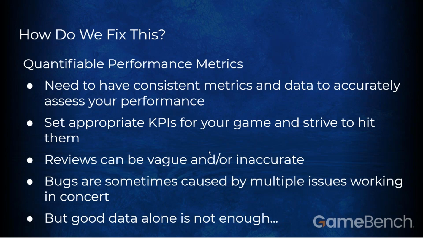And this is game and user base dependent, because if you have a AAA title like Call of Duty or PUBG, you really shouldn't be comparing your load times or your graphical load on the GPU to a simple hyper casual game that is almost instantaneous from launch to gameplay. So you really want to set appropriate KPIs for your game and strive to hit them.